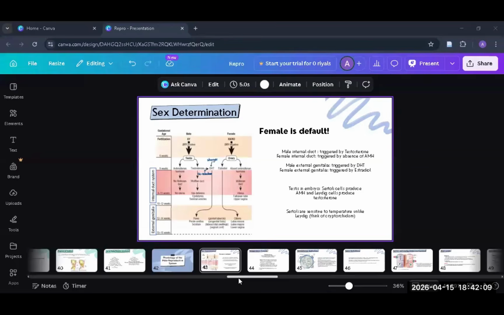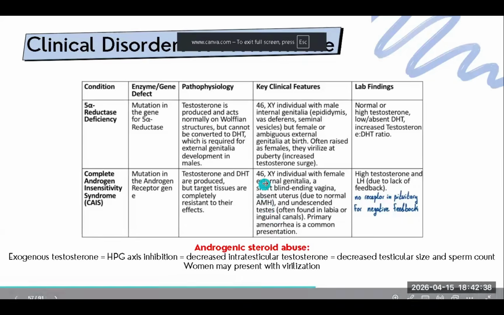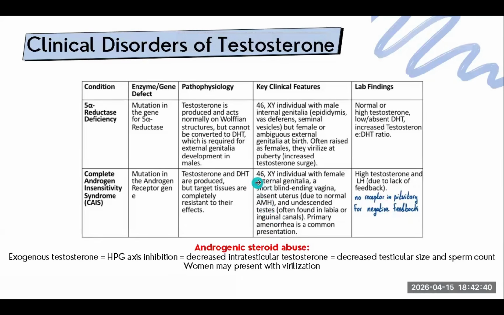Let's go back. So in these patients, there would be a 46 chromosomes XY individual with female external genitalia, a short blind ending vagina because there is no internal duct system at all, absent uterus due to normal AMH, and undescended testes because we mentioned before that the testes need testosterone signal to descend.